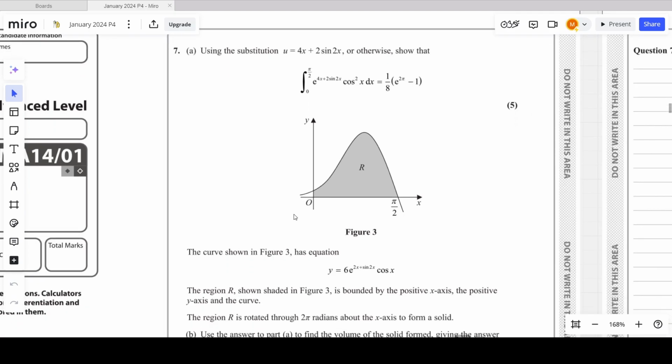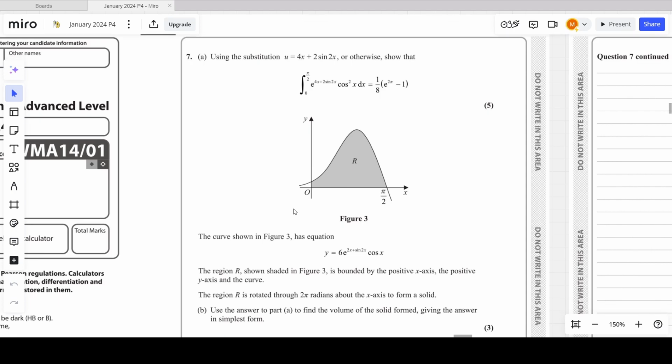Like question number 6, question number 7 is also from integration. The integration chapter is discussed in chapter number 6 of your P4 book, and the concepts behind this question are basically discussed there.